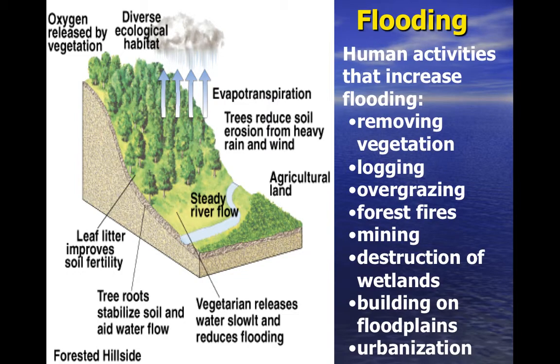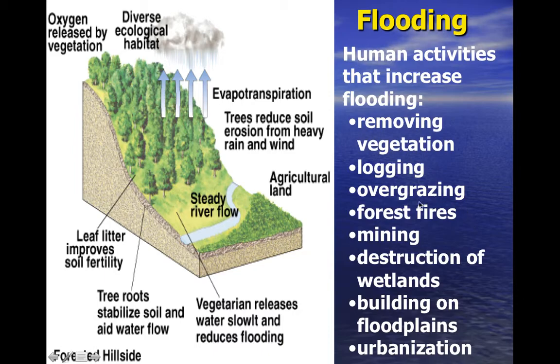So with flooding, some of the biggest concerns are caused by human activities. If you go in and remove any vegetation or log out all the trees, basically you're leaving the land barren, and it causes the soil to desiccate. You're drying it up and it's hard, so water will run over it.